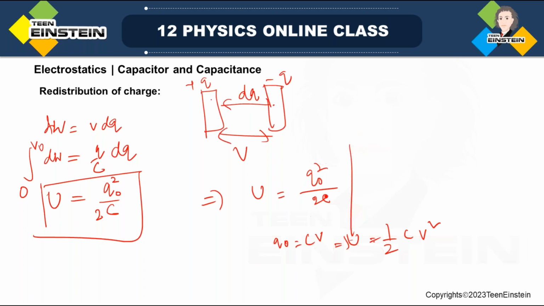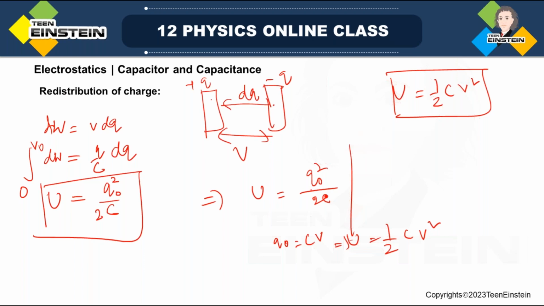Okay, so like that we can actually interconvert in many terms, like 2-3 terms. Again, we are not doing here. I have remembered it like this, half CV square. Okay, this is electrostatic energy stored in the capacitor.